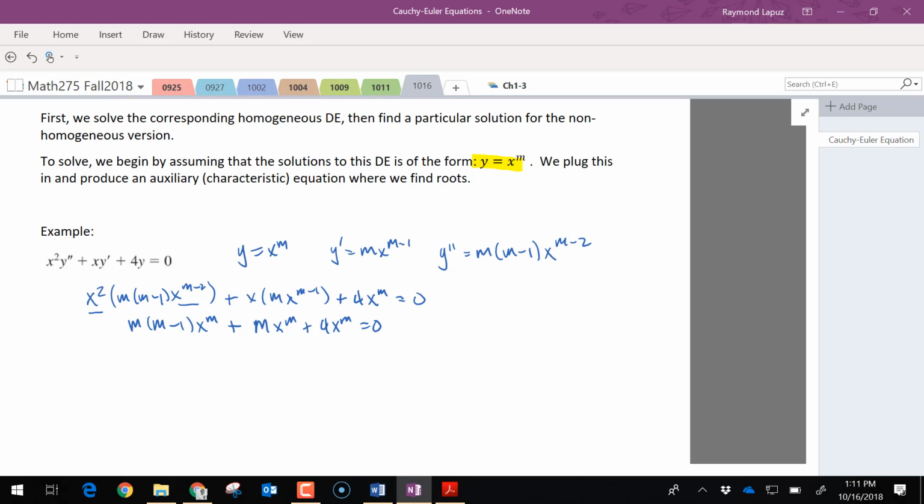So we're going to see what we're going to call a characteristic equation again. And we're trying to solve for m here. So we can set that equal to 0. Okay?